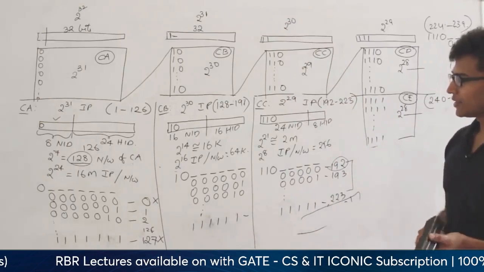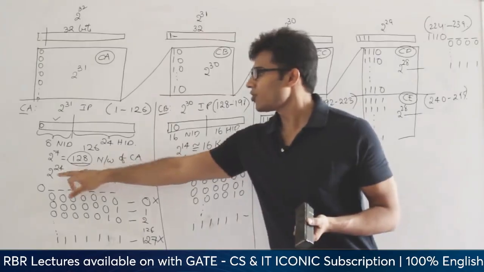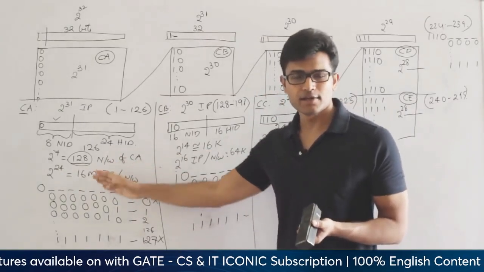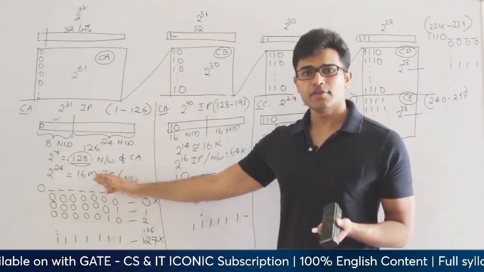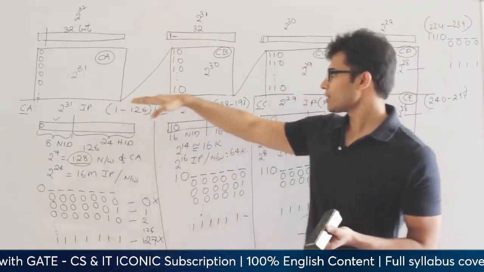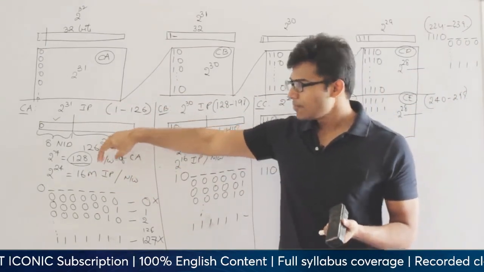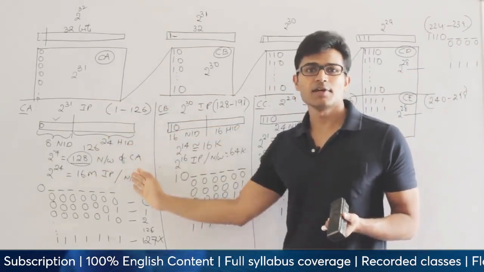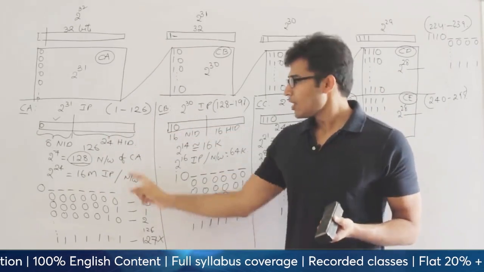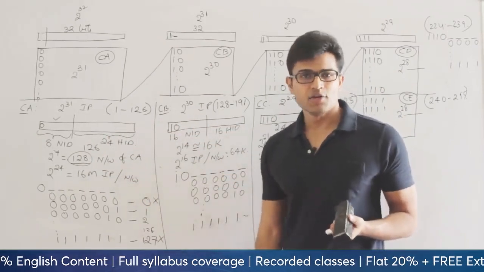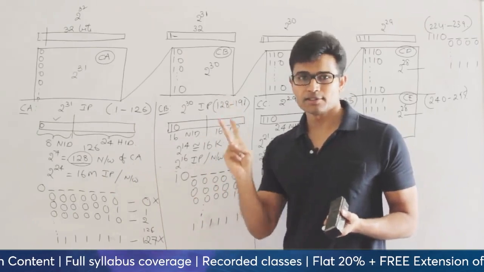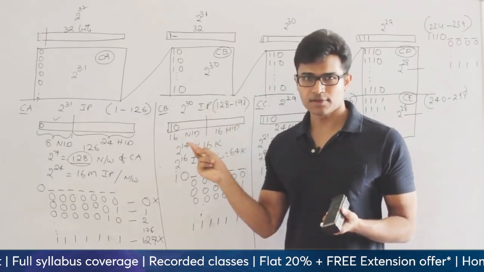So one thing you have to note is, I am talking about how many IP addresses you will get if you buy one network of either class A or class B or class C. But even if you have these many IP addresses, it doesn't mean that you can configure these many hosts. So whenever you buy any class, we are not going to use two IP addresses, the first one and the last one.